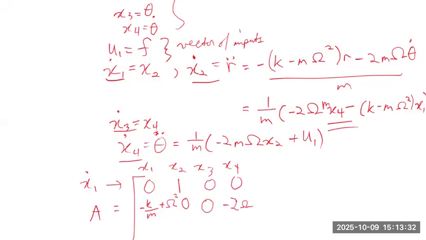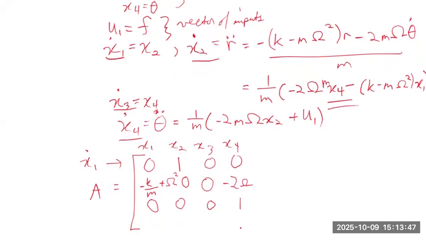What about for x3 dot? We only have x4 in that row of the matrix, so we have 0, 0, 0, and 1. And what about for the x4 dot row?